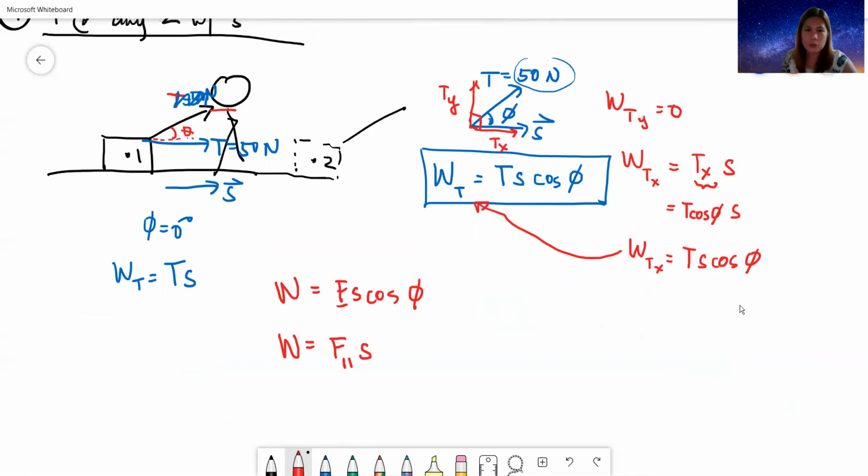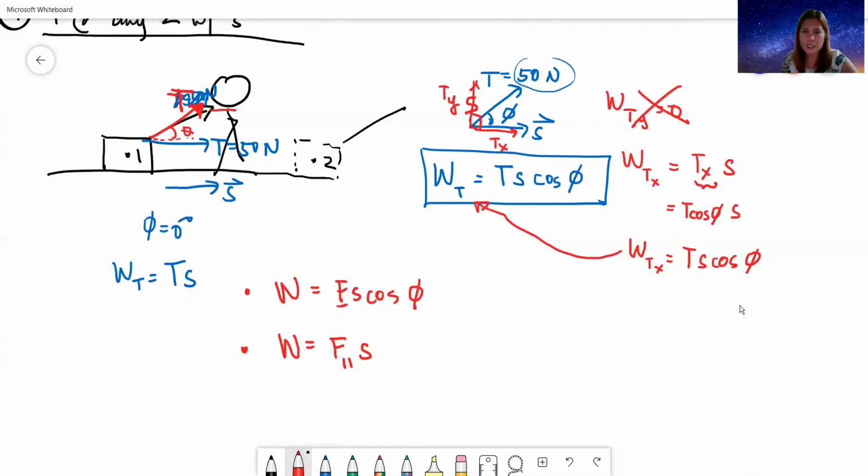Hahanapin mo yung parallel component, just like what we did here. No? So, sa first perspective, ito yung ginawa natin na tiningnan natin to, this is tension, T, and then this is S. So, nagdiretso tayo sa Ts cosine phi. Pero, sa perspective 2, we resolve the components of T, and then wag na nating pansinin itong perpendicular component kasi alam naman natin na walang work yan.